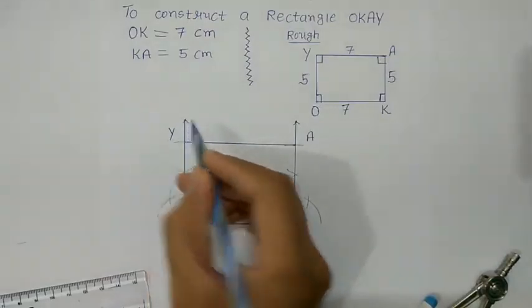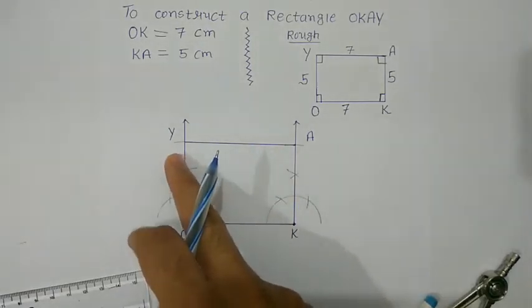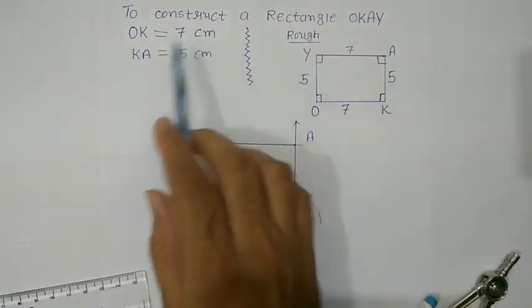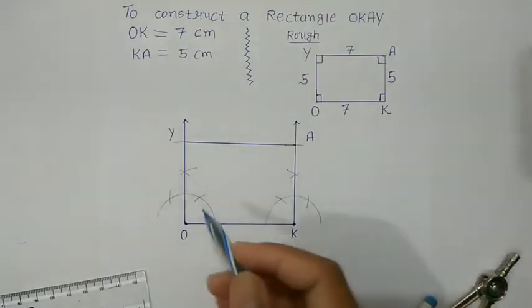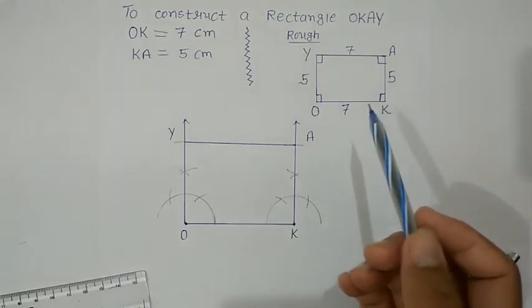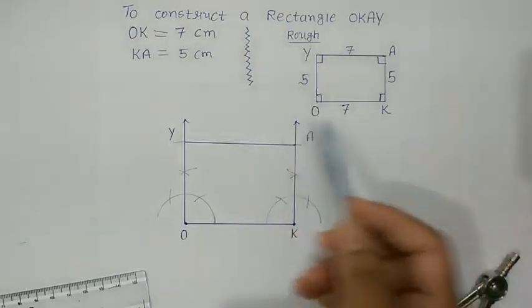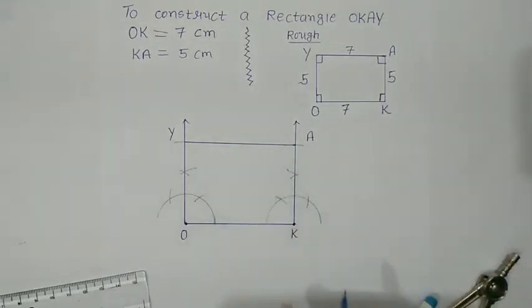So here we have constructed a rectangle OKAY in which only 2 sides OK and KA are given. To draw this, first of all we must have knowledge about the properties of the rectangle, that the opposite sides are equal and all the angles are of 90 degree. We can also write down here the dimensions.